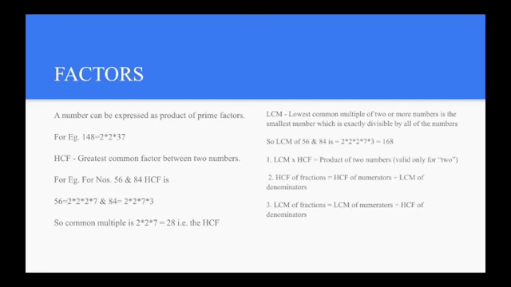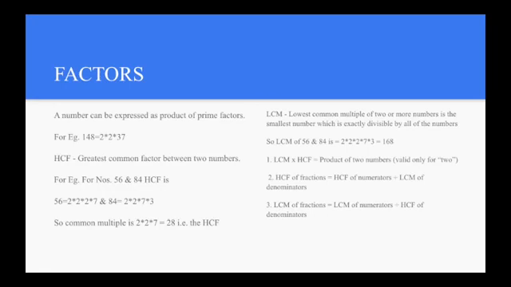Or, in simple language, I would say I pick the maximum power of any prime number that is available and take it into service. For example, 56 can be broken down into 2 to the power 3 into 7, and 84 can be broken down into 2 to the power 2 into 7 into 3.